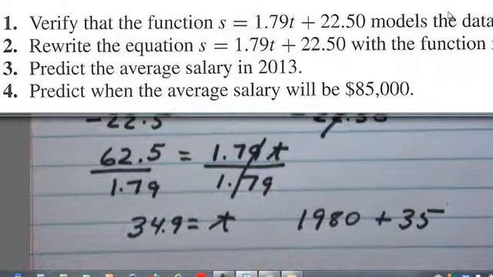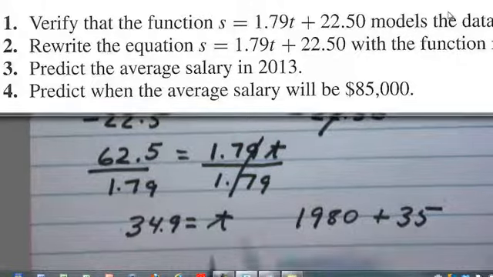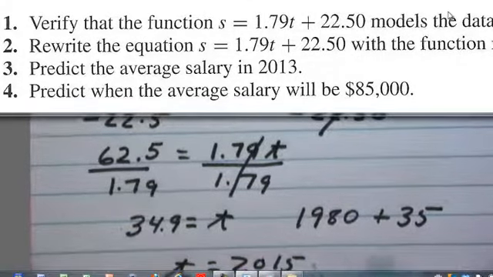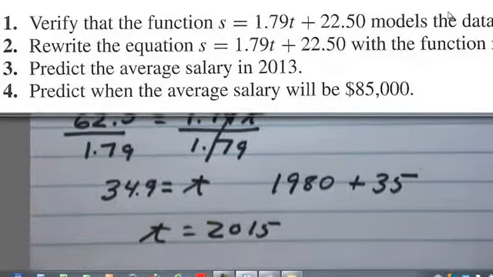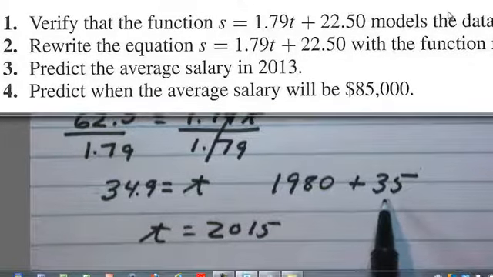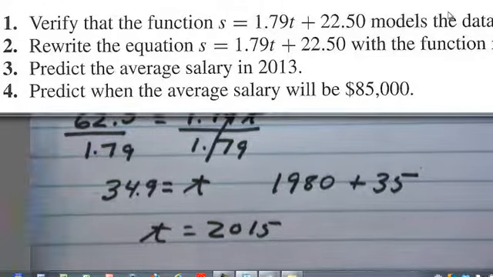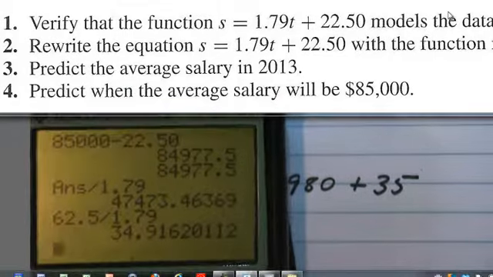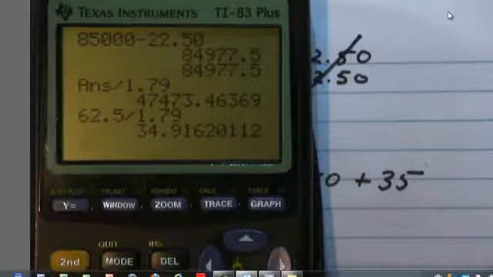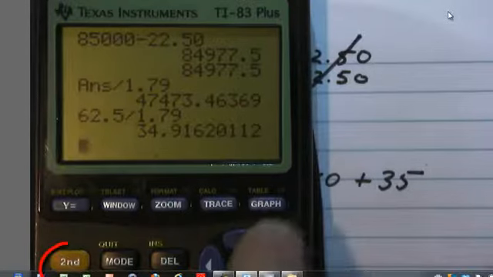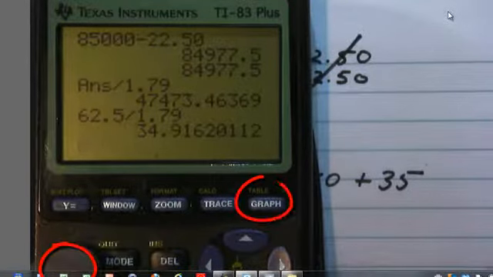So I would add that value, let's round it up to the nearest year, of 35 to 1980, and get that that would occur in the year 2015. Now, the book says to verify using trace. However, I think table was much easier to use. So let's put 35 into our table and see if we output 85, which represents 85,000. So we just go into table.